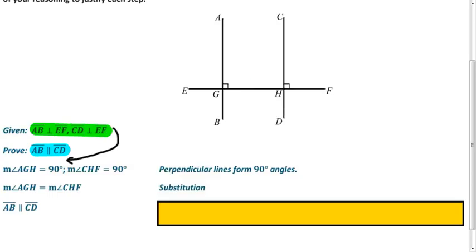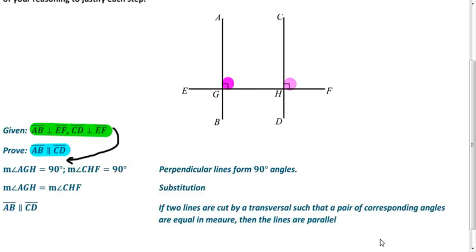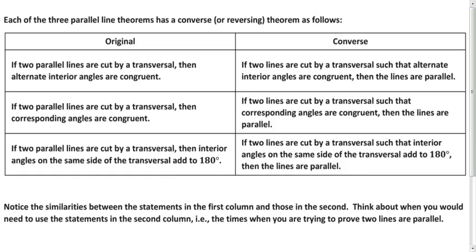Well, we know that this angle is congruent to this angle over here. So those are corresponding angles. And when corresponding angles are congruent, the lines are parallel. So notice how now we kind of use this backwards. Before we were saying that when lines are parallel, the corresponding angles are congruent. And now we took that and turned it around. And that is called the converse.